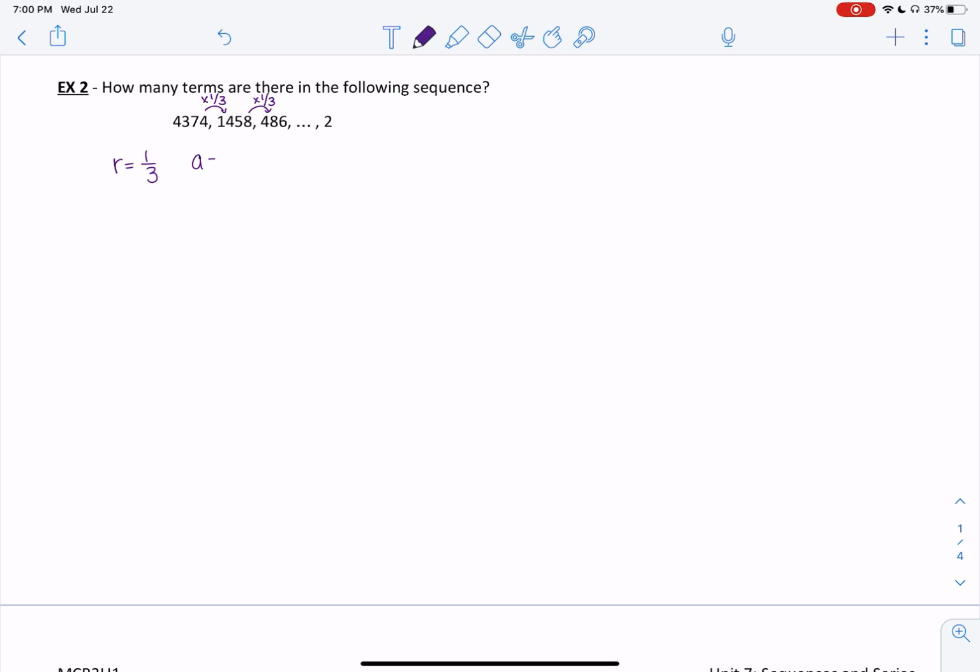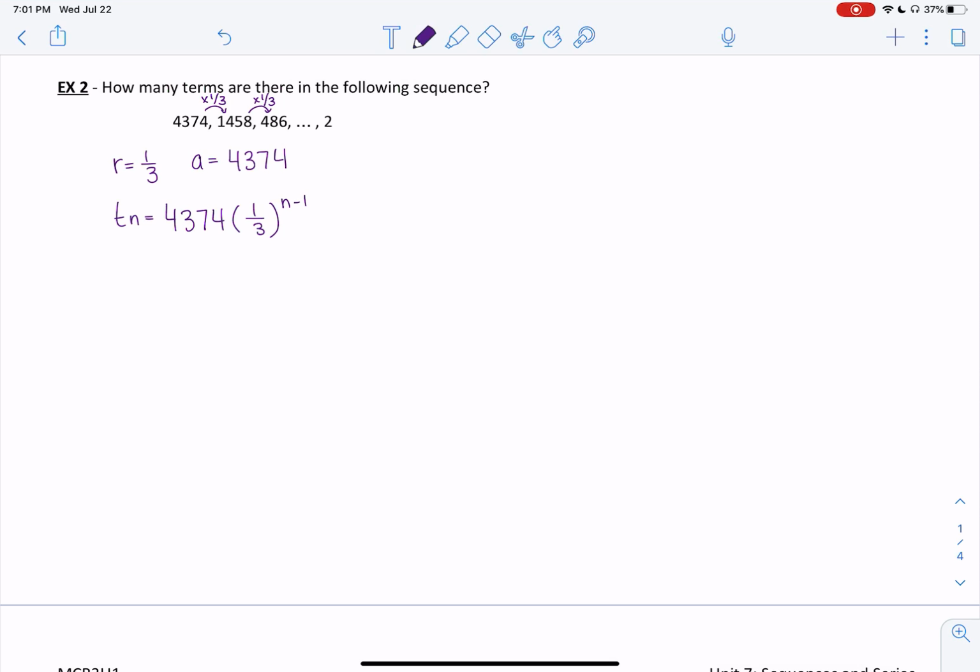Now our a value is our first term, which in this case is 4,374. So now let's start by writing our general formula. So we have our nth term is equal to 4,374 multiplied by 1/3 to the n minus 1.